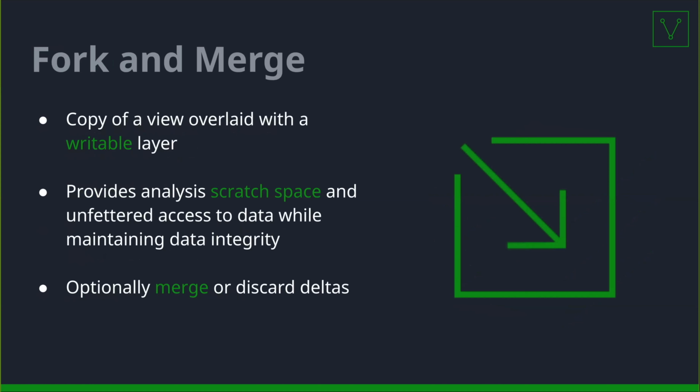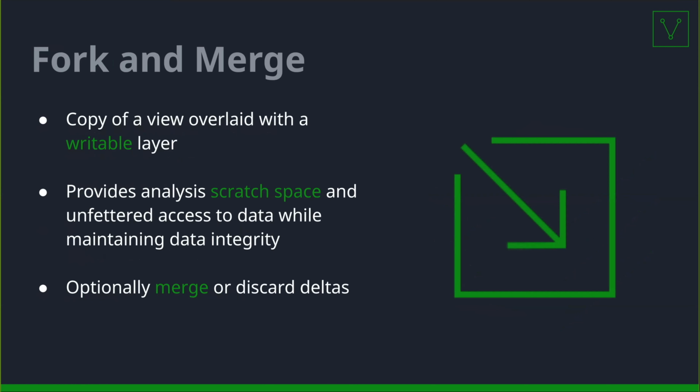So to give analysts the option to work safely with a set of data of their choice in a production system, we allow analysts to create a fork of a desired view, giving analysts a scratch space, and then from there you can optionally merge or keep the data that was created in that scratch space. Within our fork and merge workflow, when you create a fork, you are creating a read-only copy of an existing view.